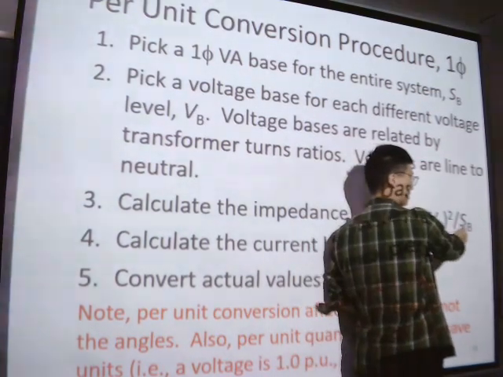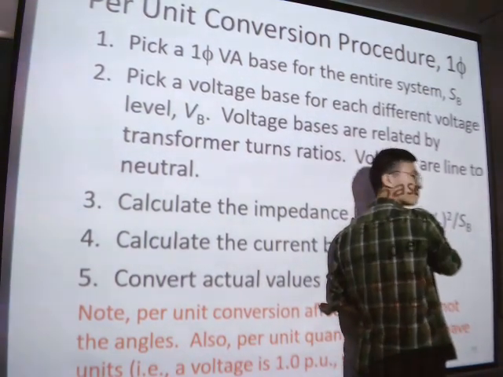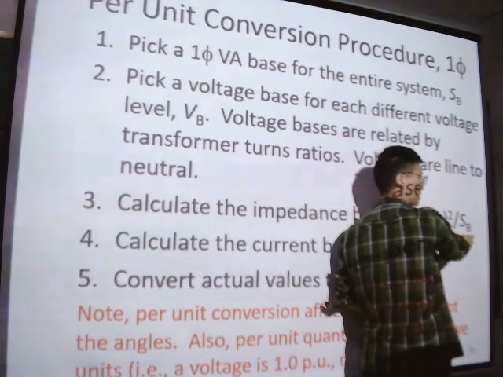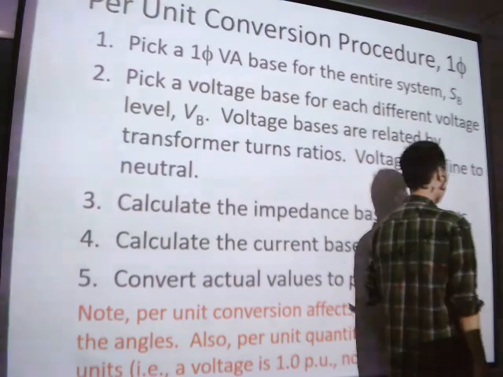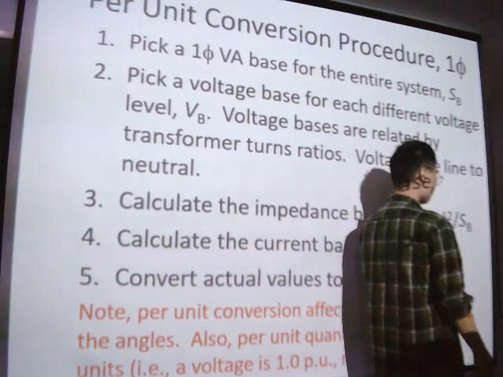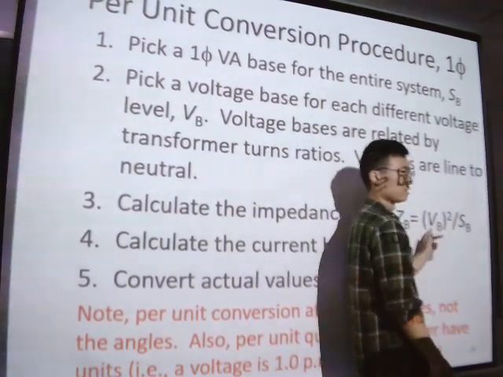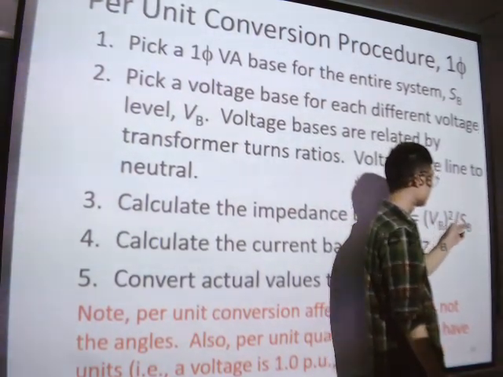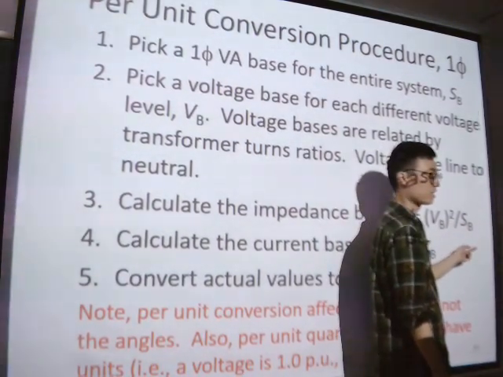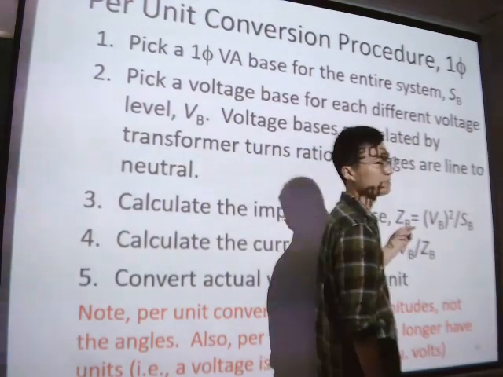Complex power base is equal to V times the conjugate current, so the voltage divided by the conjugate current will be the impedance.